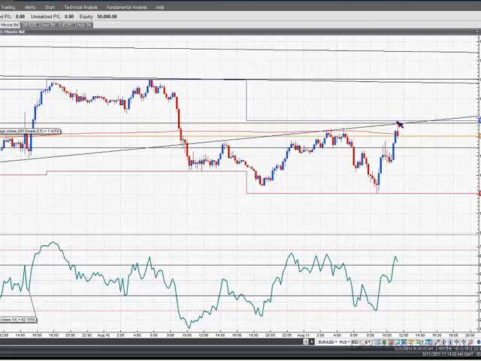What about the longer time frame? Okay, longer time frame, you see the market pretty much in sideways action. Let's add the 200 moving average there.